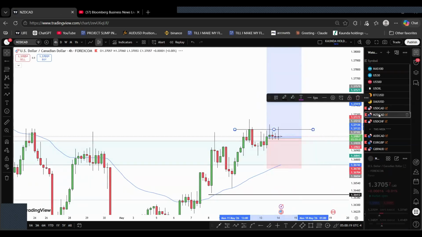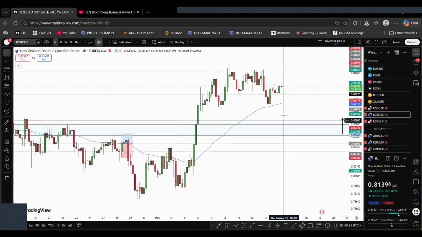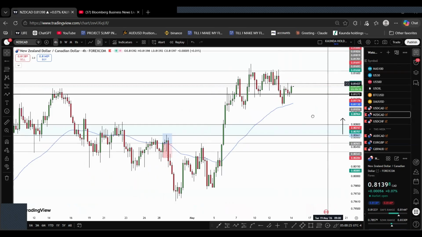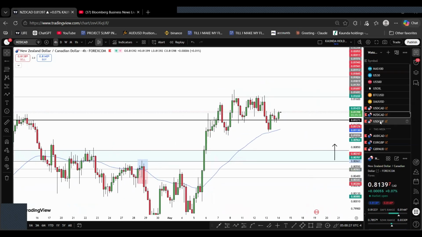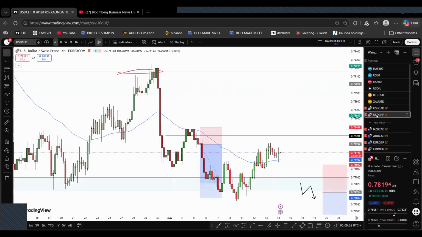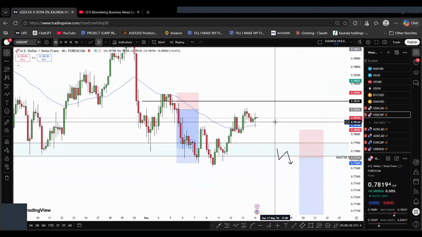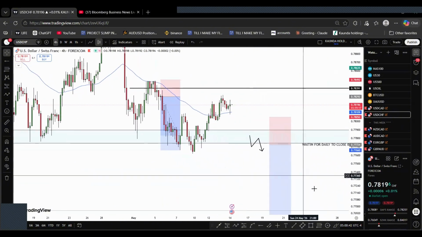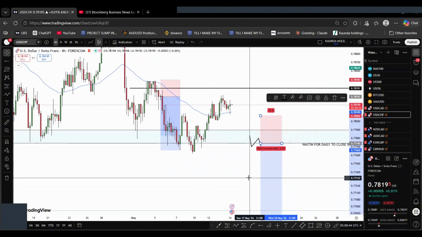And your NZD card, you can see price had a nice push, smooth push to the upside. And still we need this retest, and I now really doubt if we might have this retest this week. Euro USD CHF as well. You can see an indecision close there, and price hasn't broken below yet.